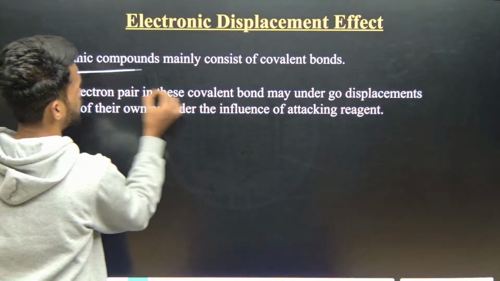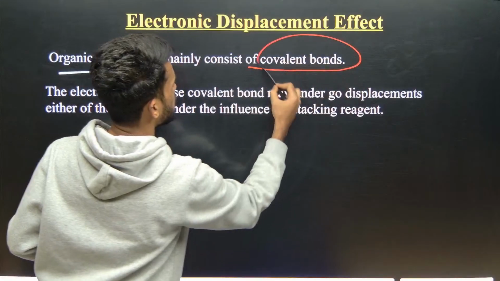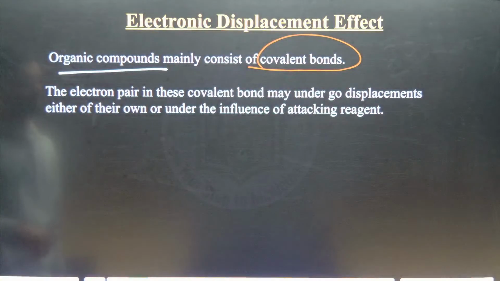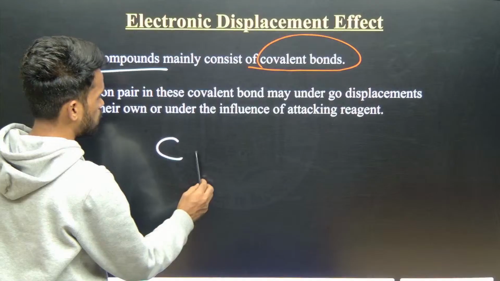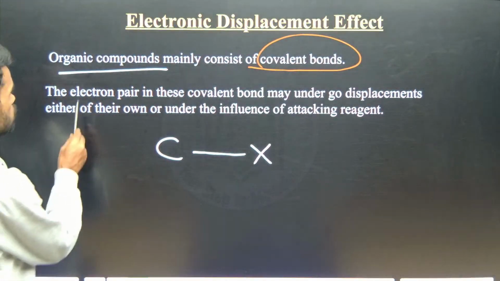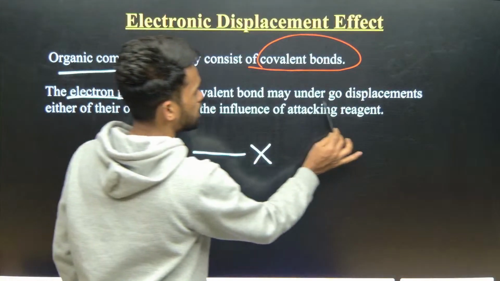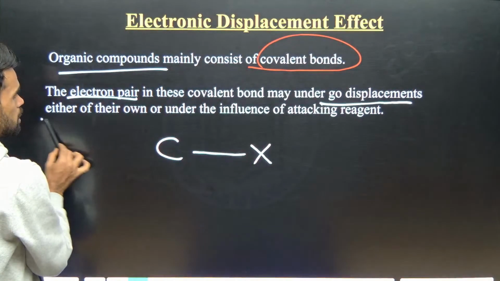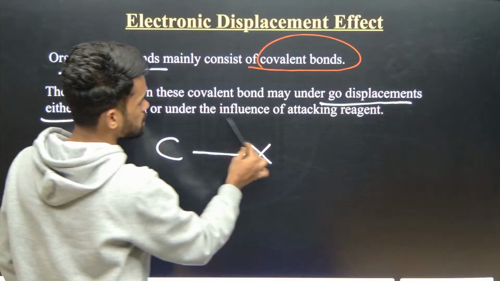See, organic compounds generally have covalent bonds. Just now I showed you a carbon-halogen covalent bond. The electron pair in a covalent bond may undergo displacement either on its own or under the influence of attacking reagents.